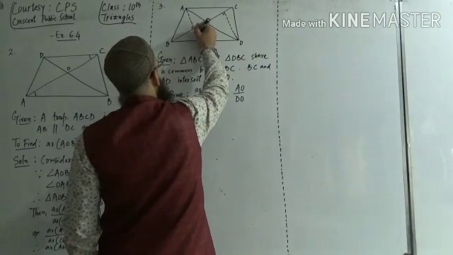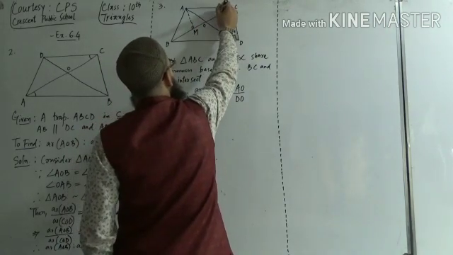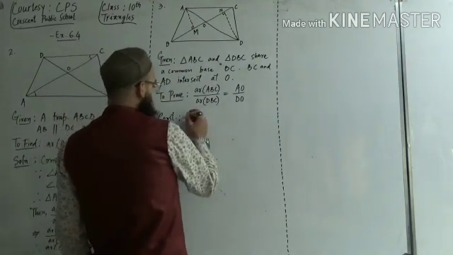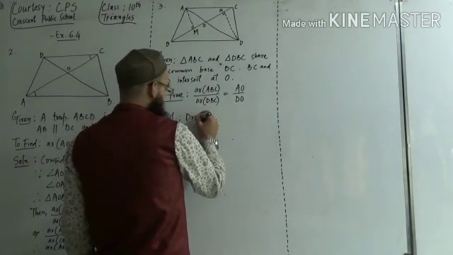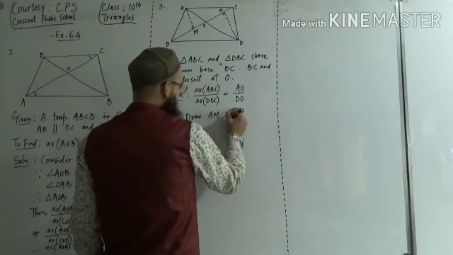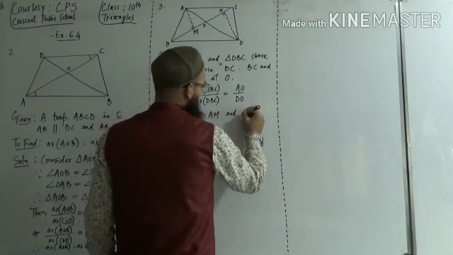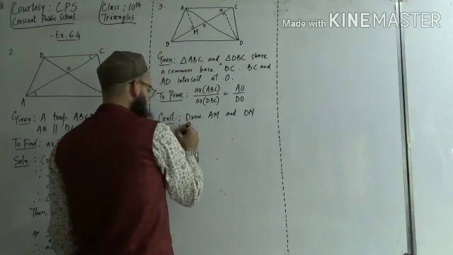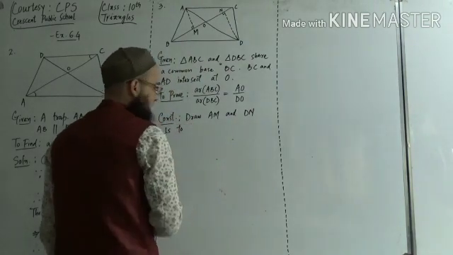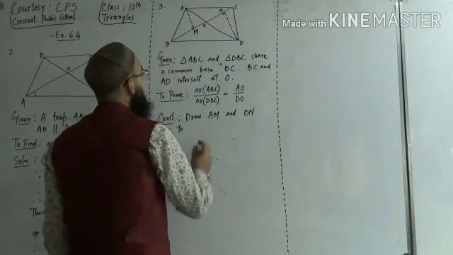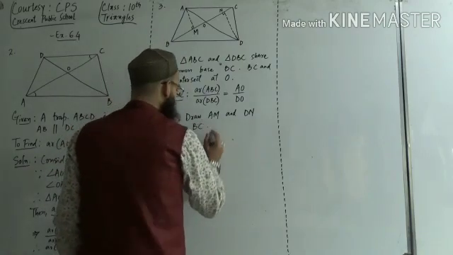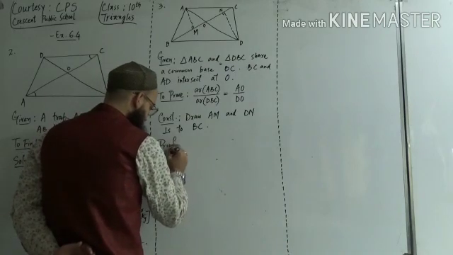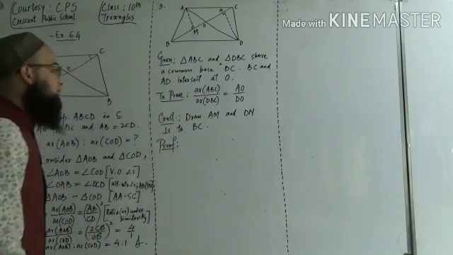Name this M. So what I'll write: draw AM and DN perpendiculars to BC. Okay. Let us have the proof.